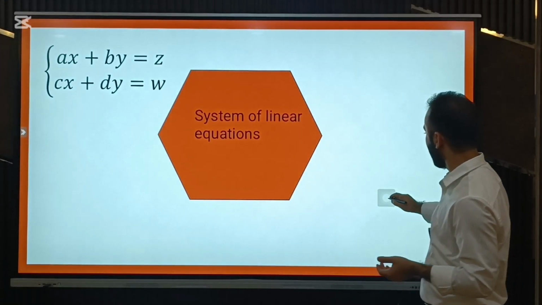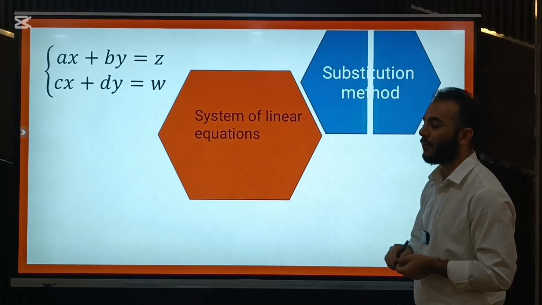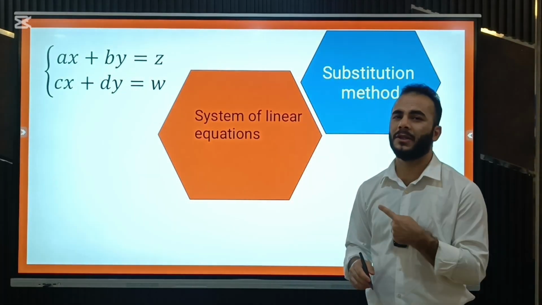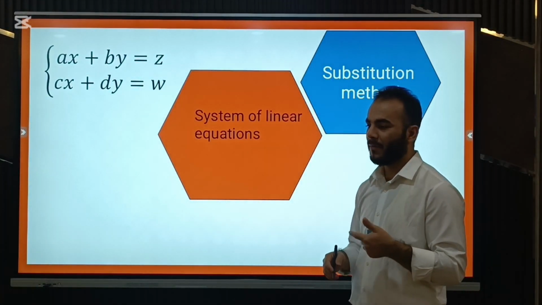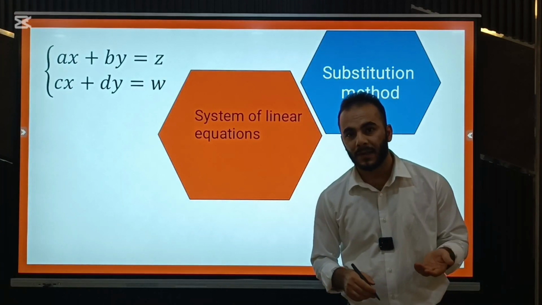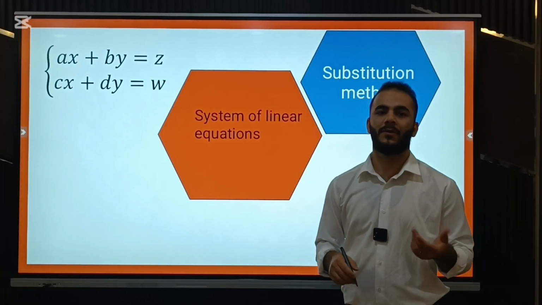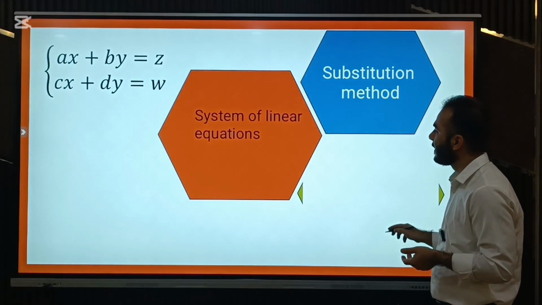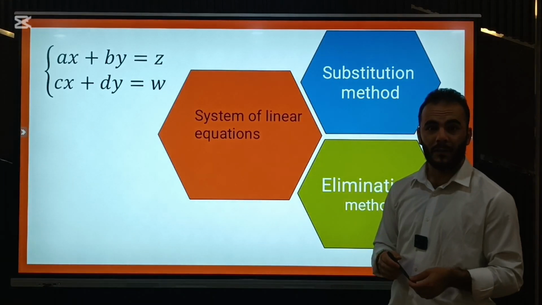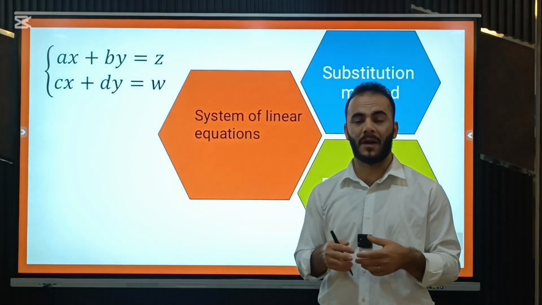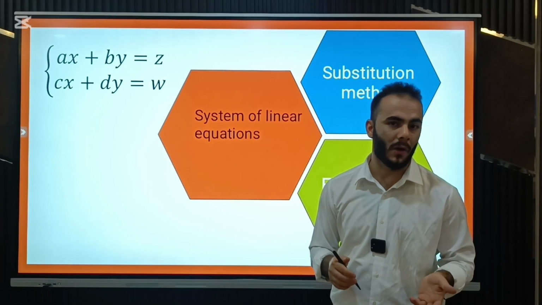So we have basically 3 ways. The first way is the substitution method, which is a common method that you studied last year in grade 9. And we have the elimination method, which is very, very useful and we use it a lot.